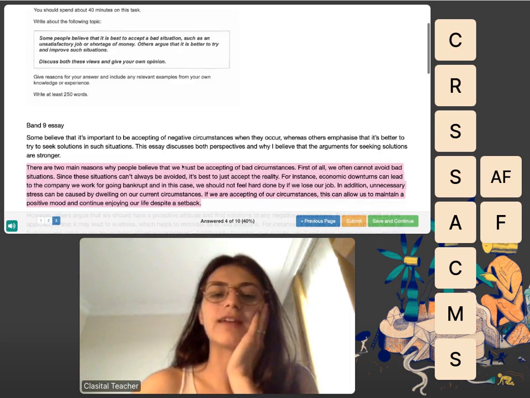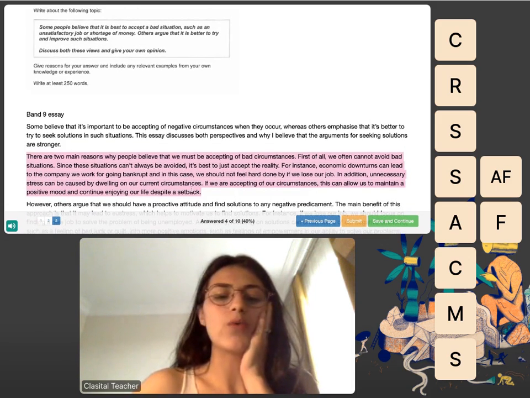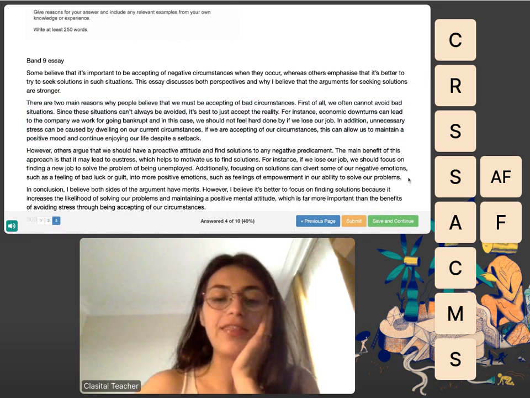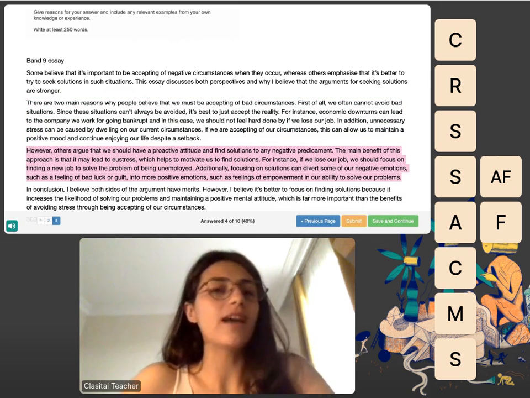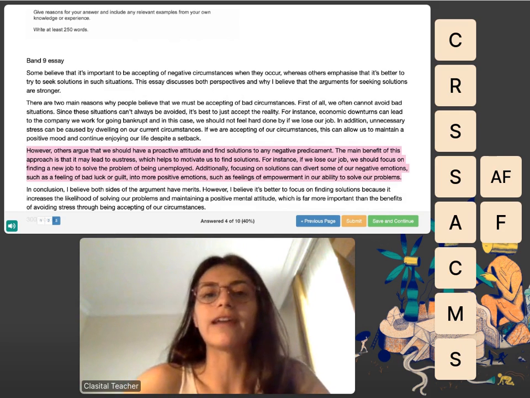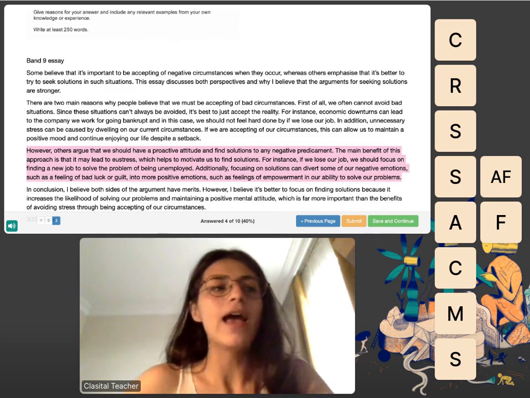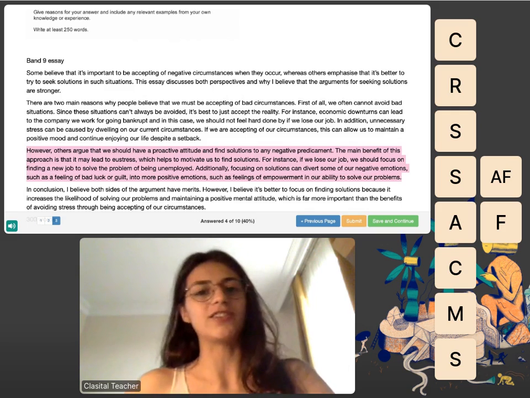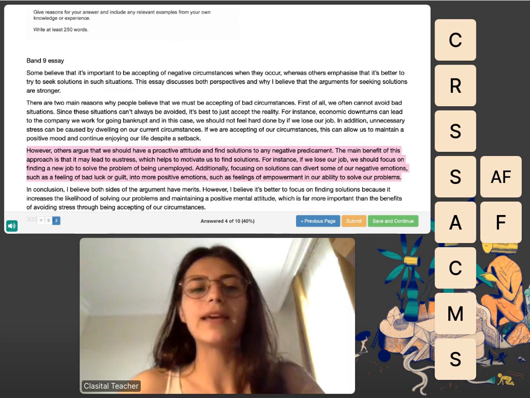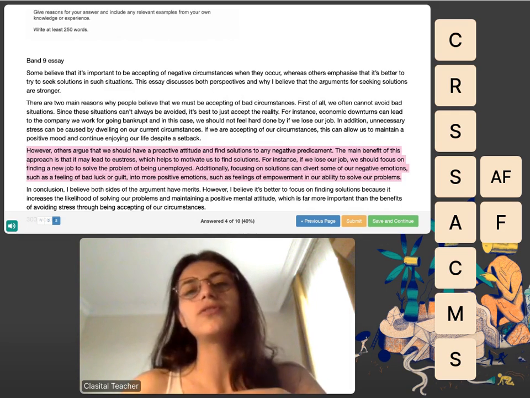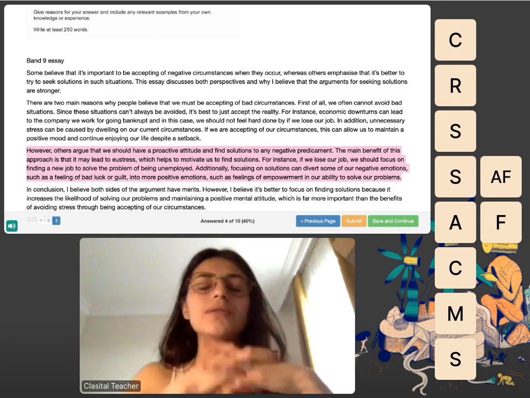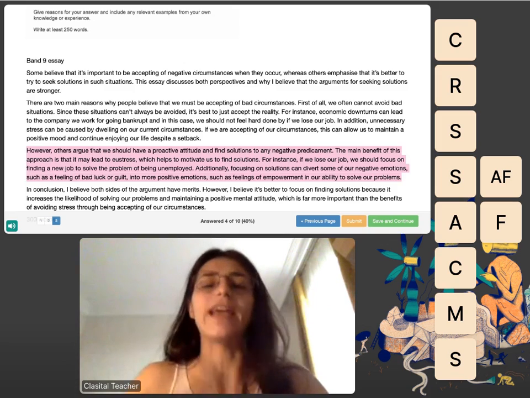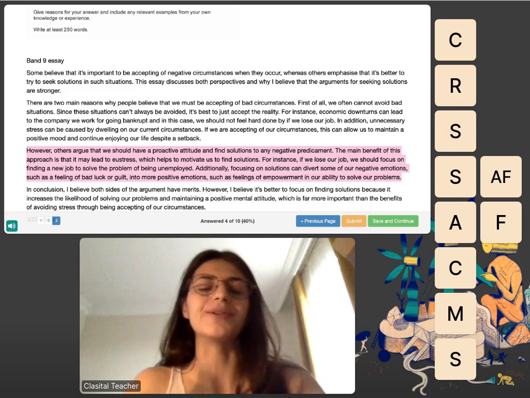We can talk about that in the first paragraph, and we can talk about the other point of view in the second body paragraph, which is, I think, a really good way of organizing this discussion essay. And you can use that for all discussion essays, because in discussion essays, you usually have two contrasting points of view, and you are usually asked to discuss those opinions and give your opinion too.